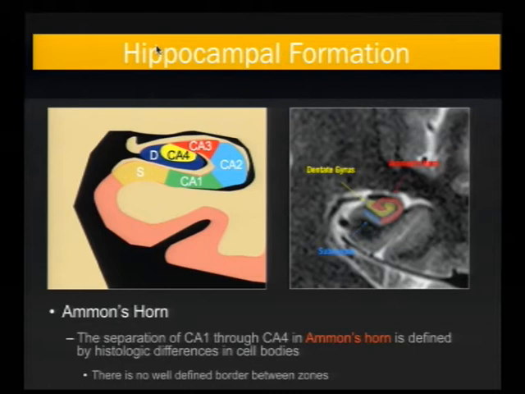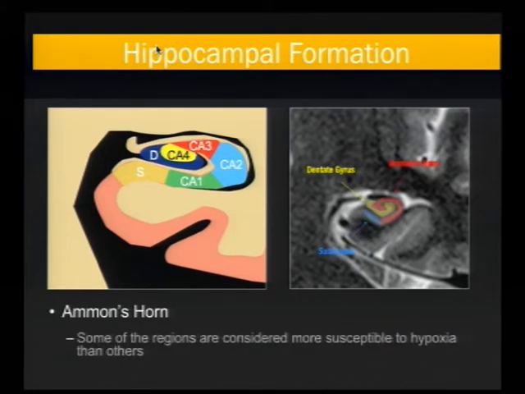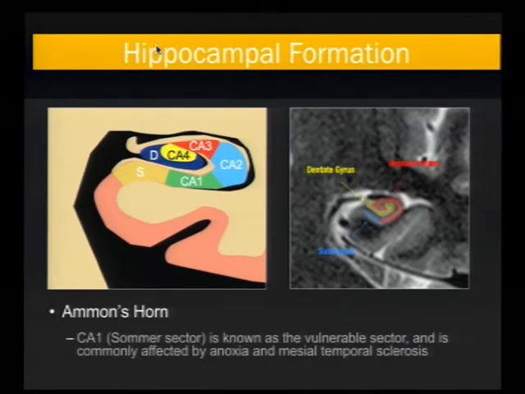The CA1, CA2 regions depend on histological differences in the cell bodies. There are no well-defined imaging borders to differentiate these regions, and there is a gradual transition. Some regions are more susceptible: CA1 is most commonly involved in mesial hippocampal sclerosis, followed by CA4.